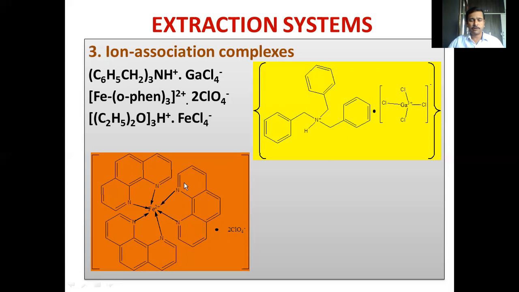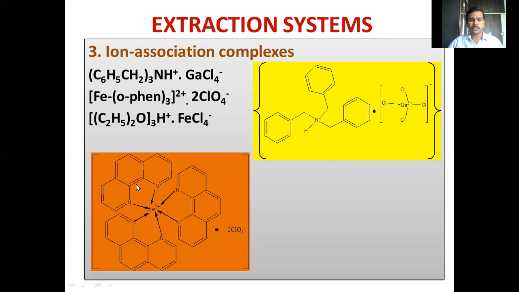Similarly here, this is the ferroin structure. The 1:3 iron(II) 1,10-phenanthroline complex is taken and treated with perchlorate anion. One perchlorate anion carries one negative charge, so two perchlorate anions contribute two negative charges.